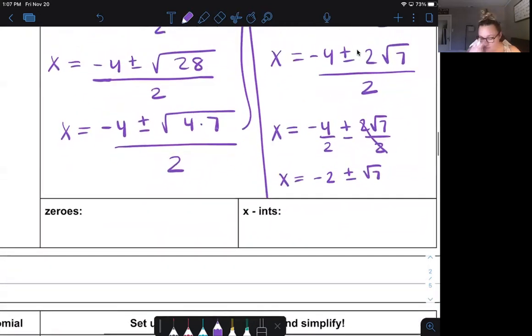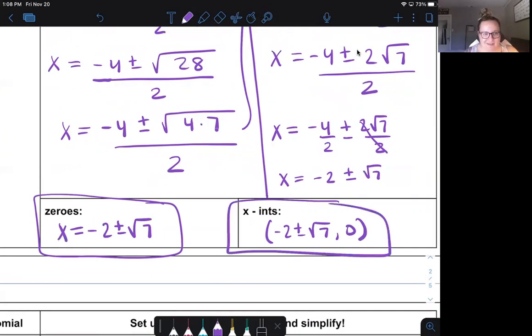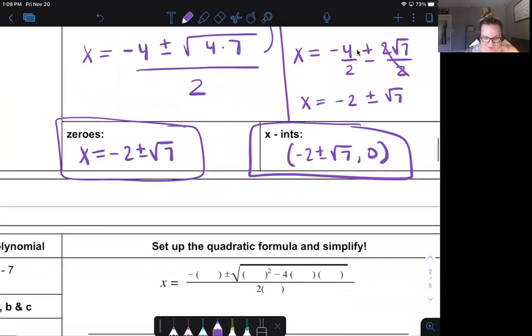So our zeros are x is equal to -2 plus or minus root 7. Then our x-intercepts are -2 plus or minus root 7, 0. And you can split them like we did in the first example if that makes more sense to you. But I'm going to leave them like that because I don't want to write two answers. Okay, so there we go.